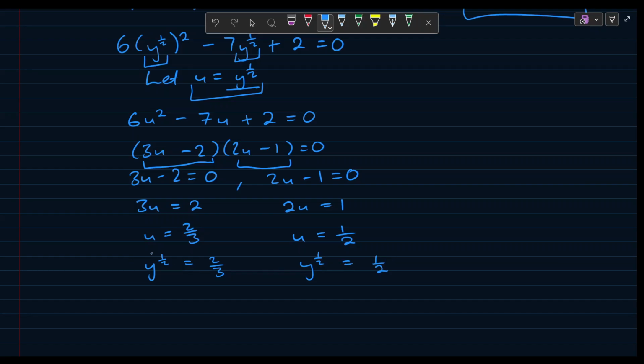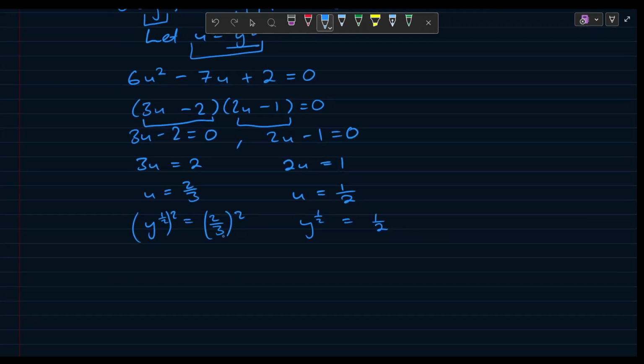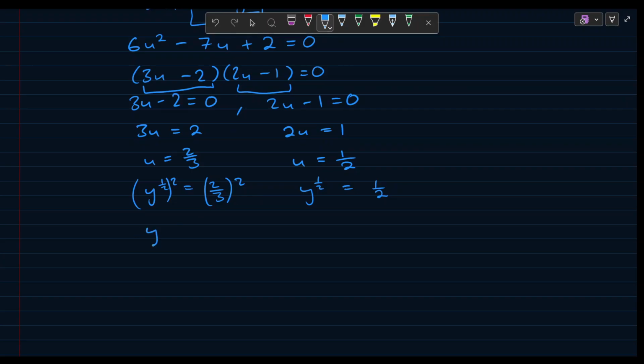To get rid of the power half, we have to raise both sides to the power 2, because the 2 will then cancel out the half. So you get that y is equal to 2 over 3 squared, which is going to be 4 over 9. And in this case, we're going to do the same, square both sides. You get that y is equal to a quarter. And these would be your final answers.